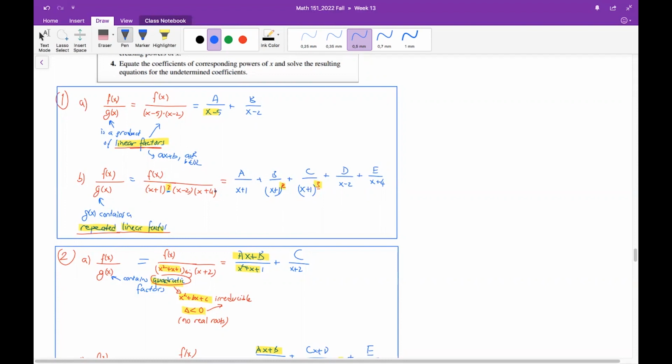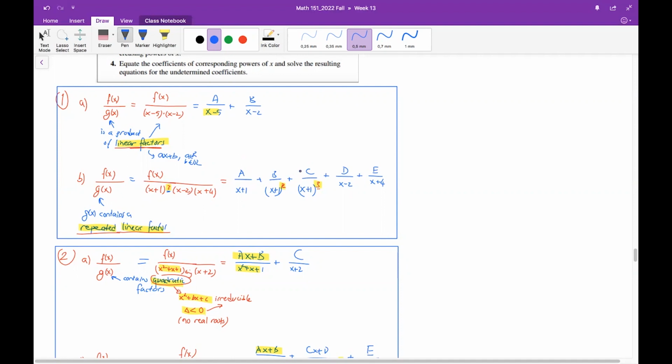To handle the repeated part, you keep writing the partial fractions, and at each new step you increase the power by 1 until you reach the power given: x plus 1, x plus 1 squared, x plus 1 cubed, and then stop.